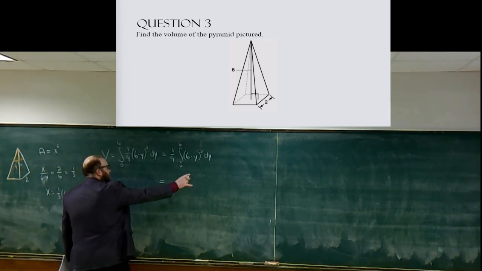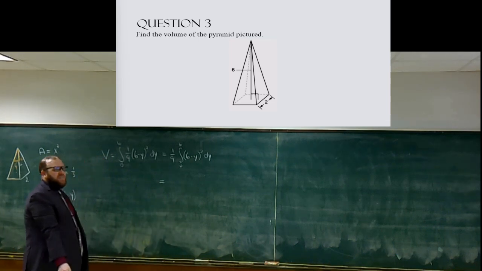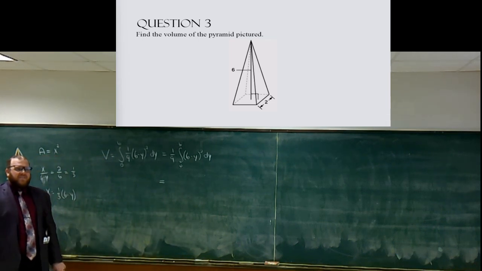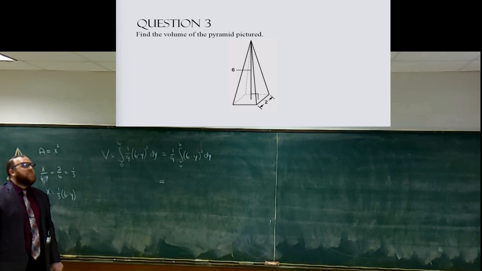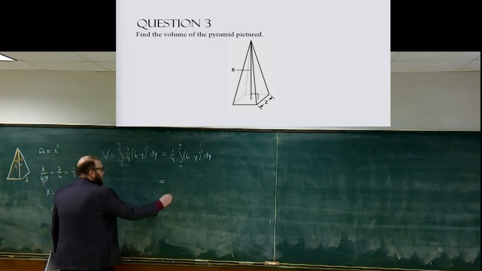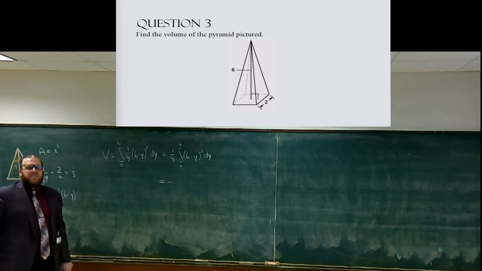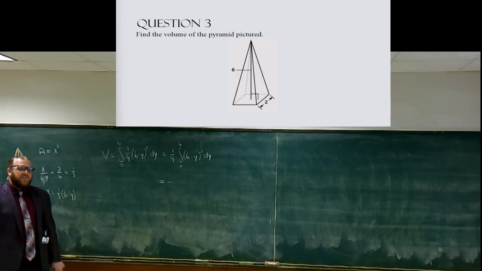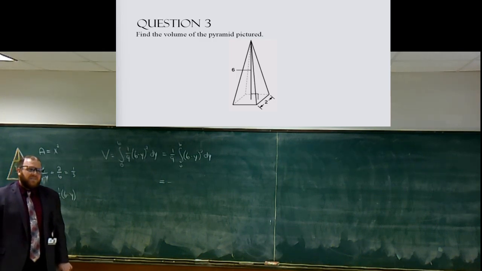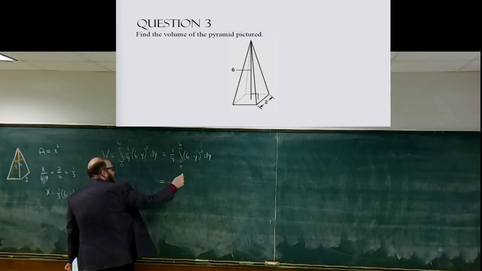What's the derivative of 6 minus y? It's negative 1. So my answer is multiplied by a minus. The antiderivative is u cubed over 3.